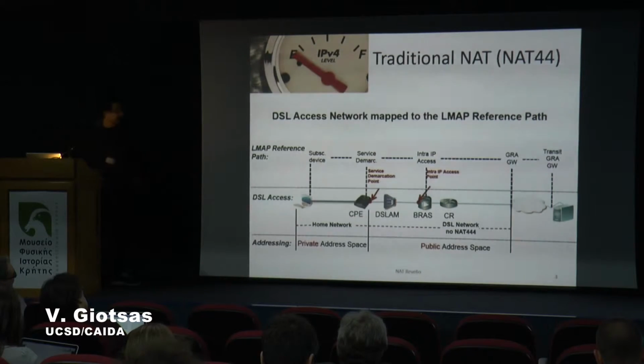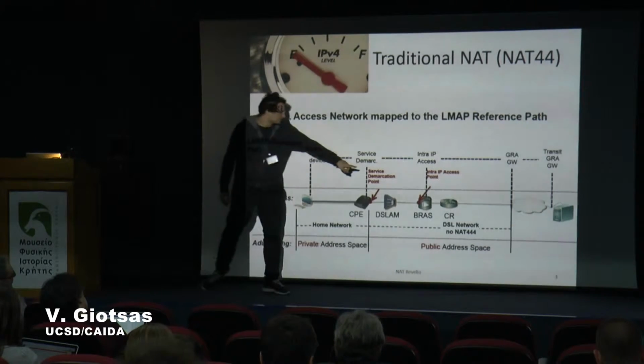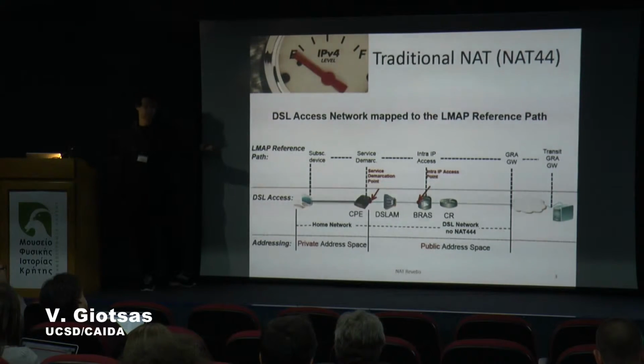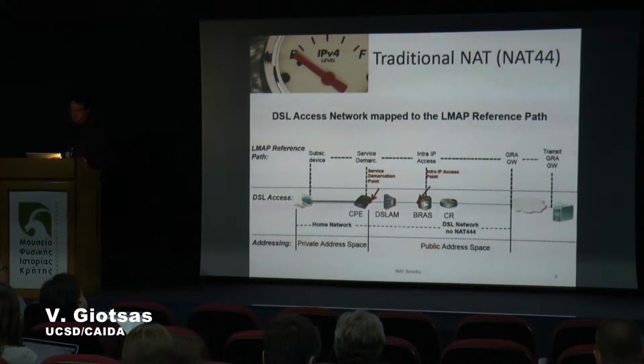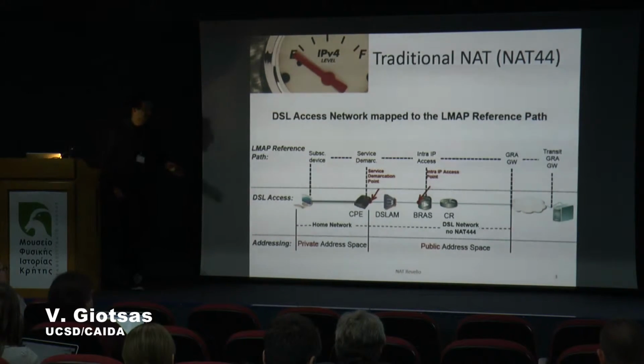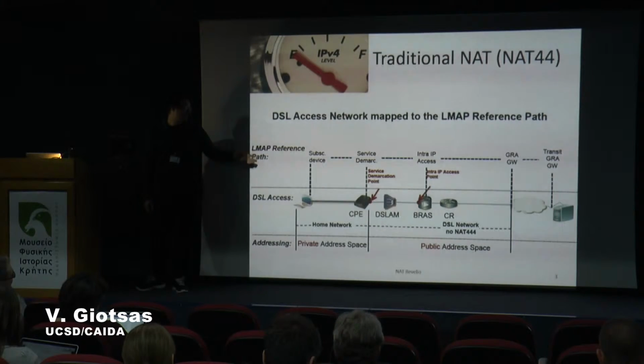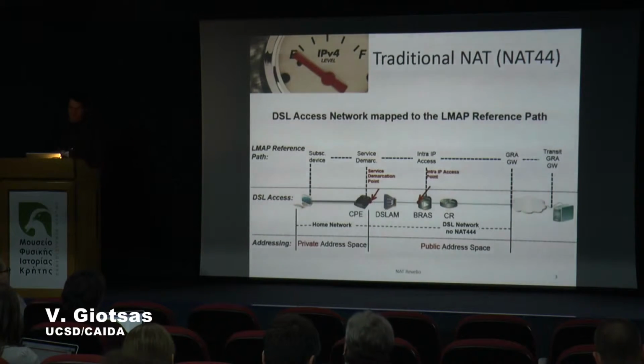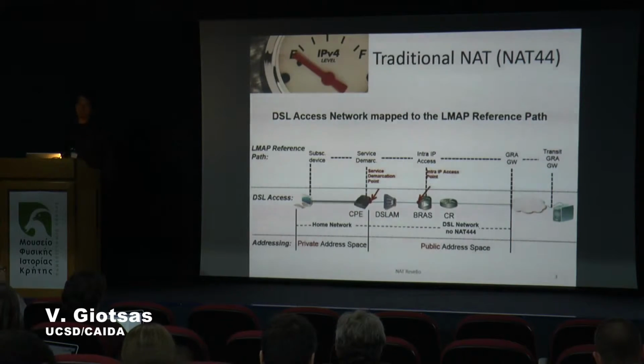The intra-IP access point is the point after which public routable addresses are used. And when no NAT 444 is deployed, this is the broadband remote access server. So the home network is using private address space, and the ISP network is using public address space.